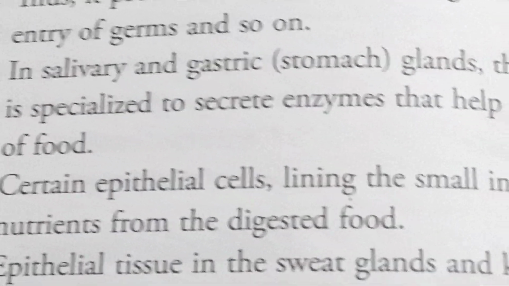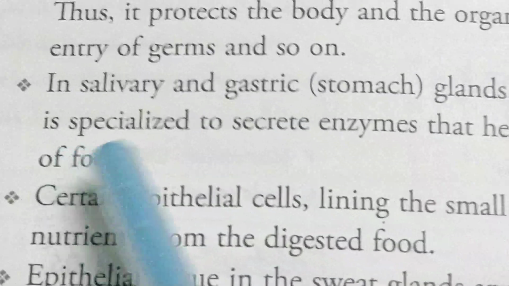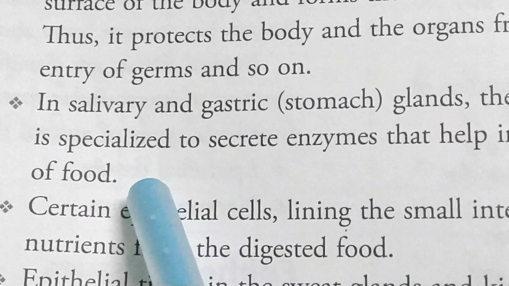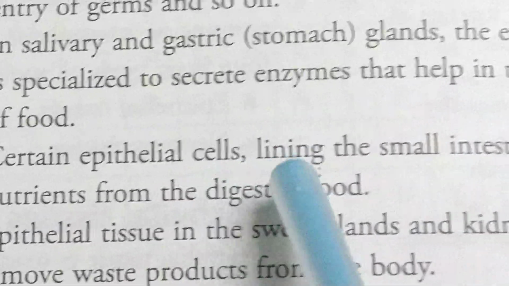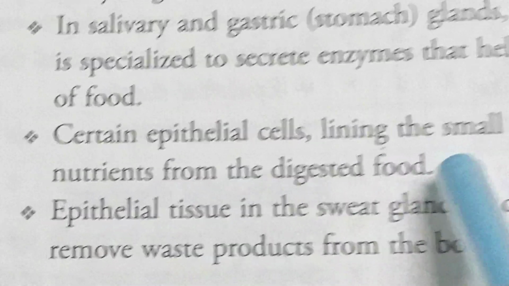In salivary and gastric glands, the epithelial tissue is specialized to secrete enzymes that help in the digestion of food. Next, certain epithelial cells lining the small intestine absorb nutrients from the digested food.